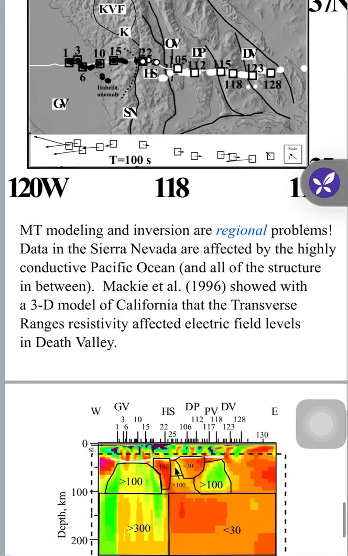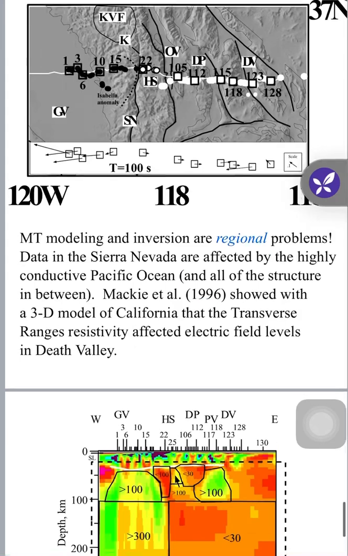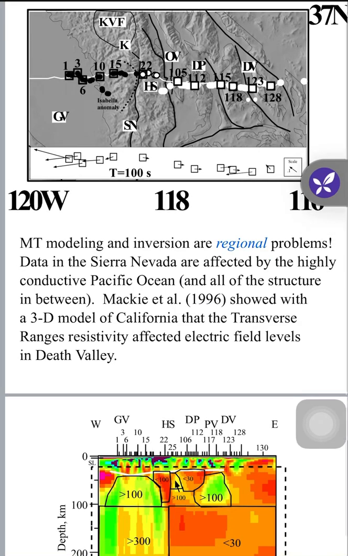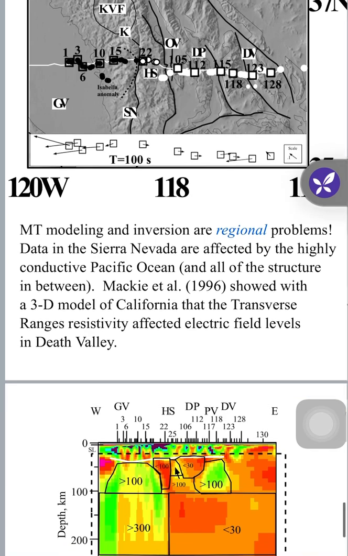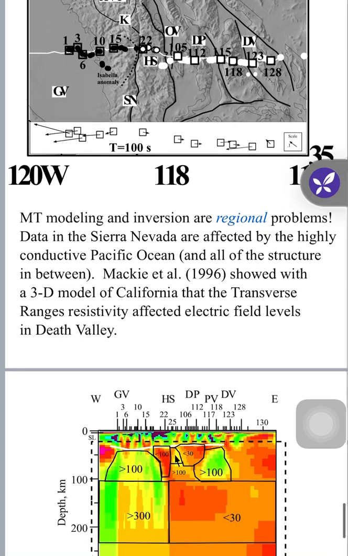The MT model and inversion are regional problems that in the Sierra Nevada are affected by the highly conductive Pacific Ocean and all of the structure in between. Mackie et al. in 1996 showed a 3D model of California in which the transverse ranges resistivity affected electric field levels in Death Valley.